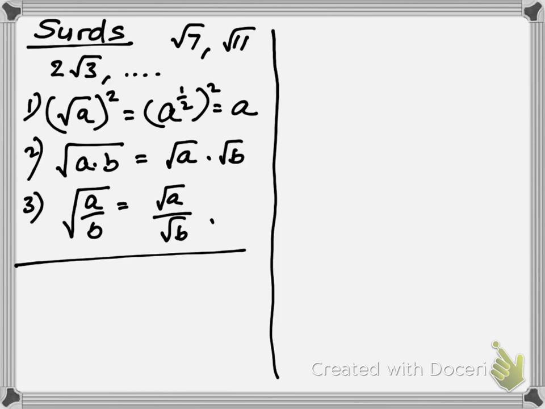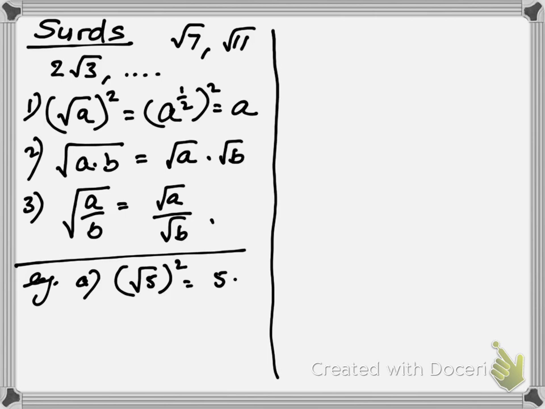Example: if you have square root of 5, squared, it will be 5 to the power half times 2, which will give you 5. It simplifies to 5.